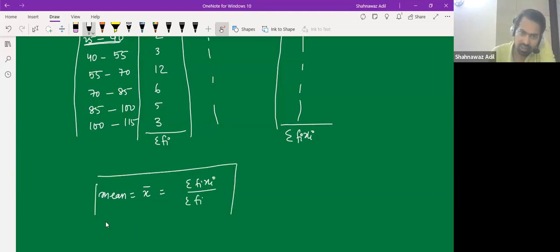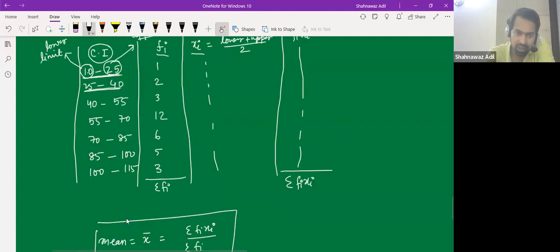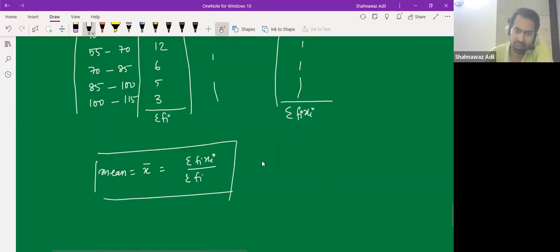So from this grouped data, this is how we calculated the mean. And this method was called the direct method.